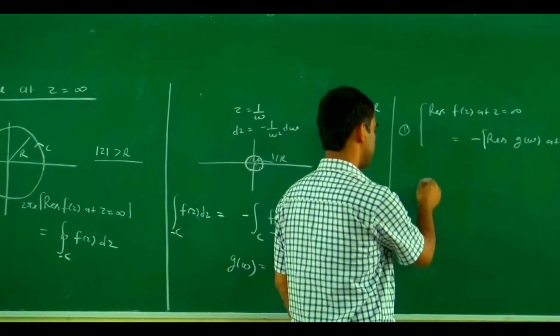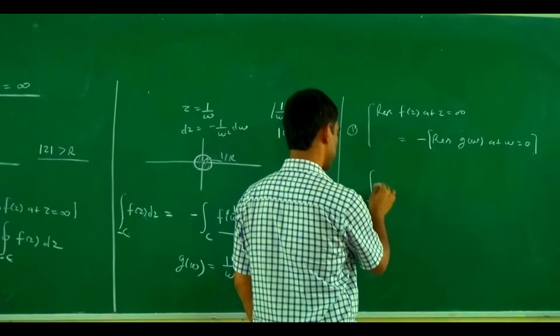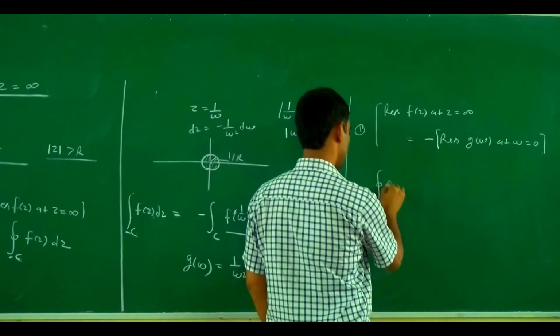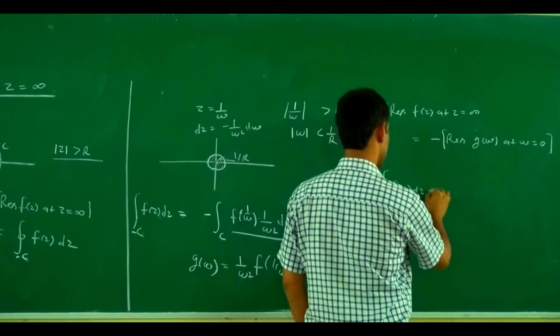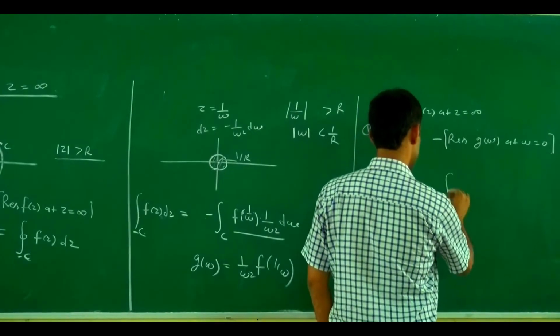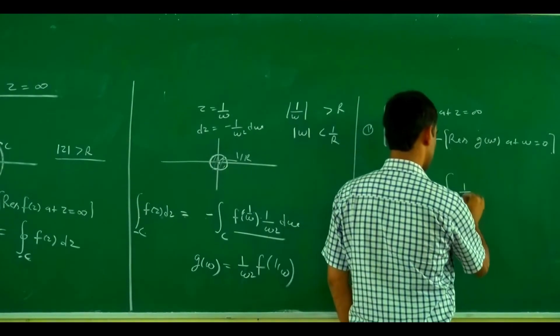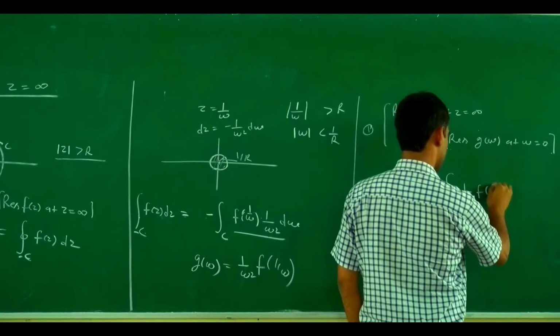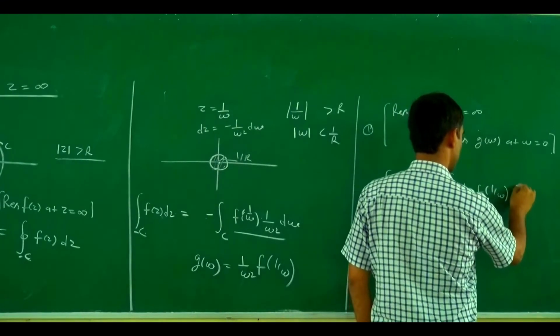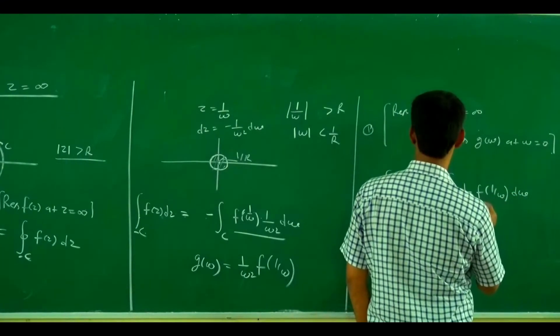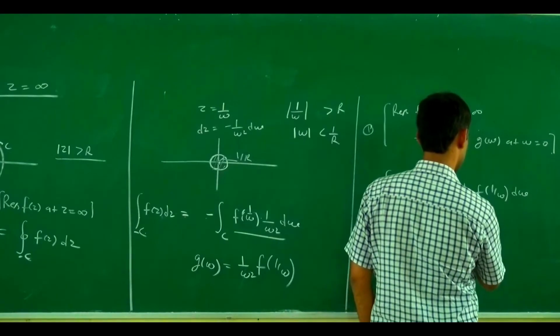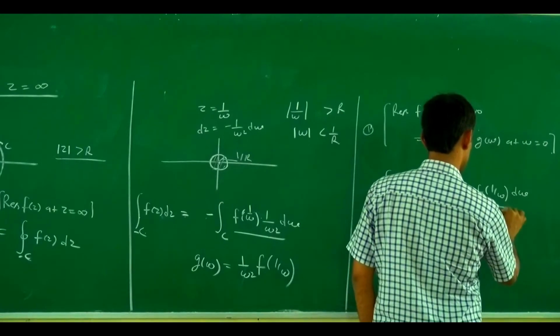Here we say that the integral over C of f(z) dz equals the integral over C of 1 upon w square f of 1 upon w dw. Suppose this is g(w).